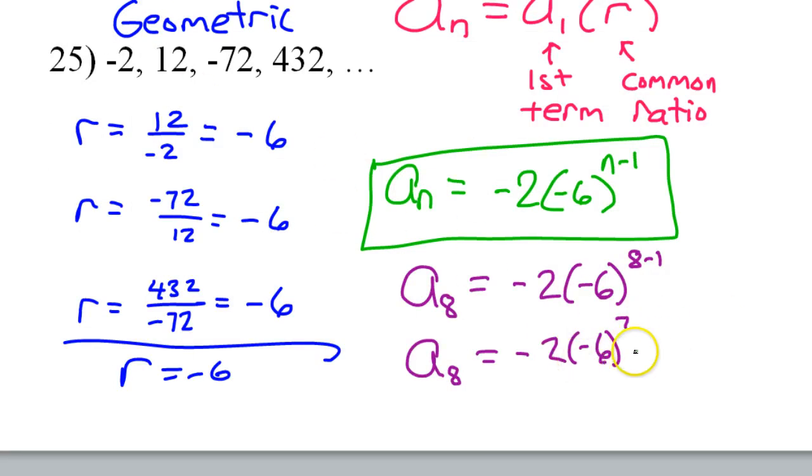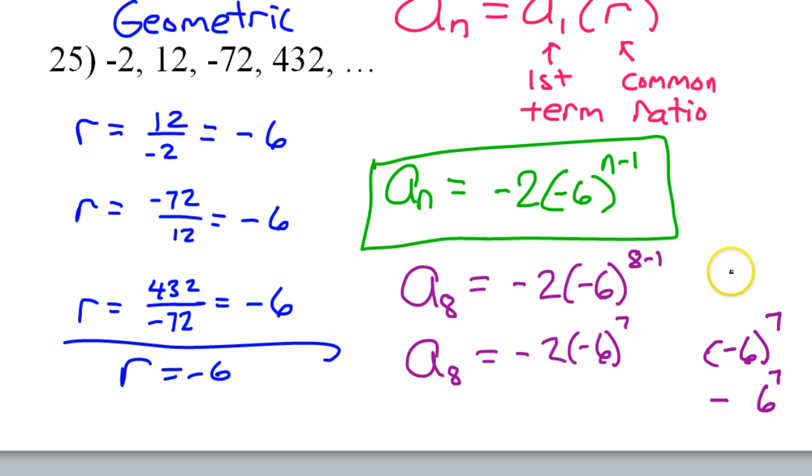Understand this though. When you have a negative number to a power, sometimes the negative stays and sort of comes out front, and sometimes it goes away. Is it going to stay or go away in this case? It's going to stay. -6 to the 7th power is just the same thing as -(6 to the 7th power).